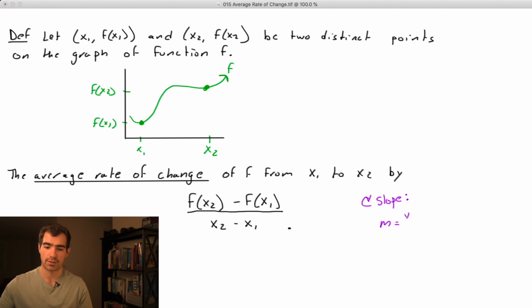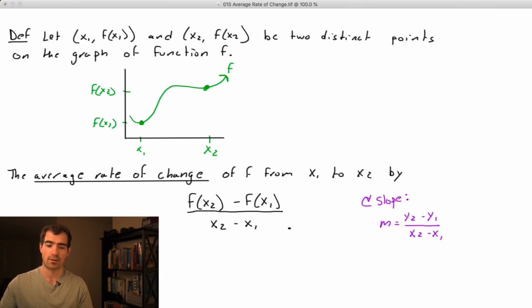Now if you look at this closely and think back to our previous videos, this really resembles the expression for slope. There we said m was equal to the rise over the run, or the change in y, y2 minus y1, over the change in x, x2 minus x1.